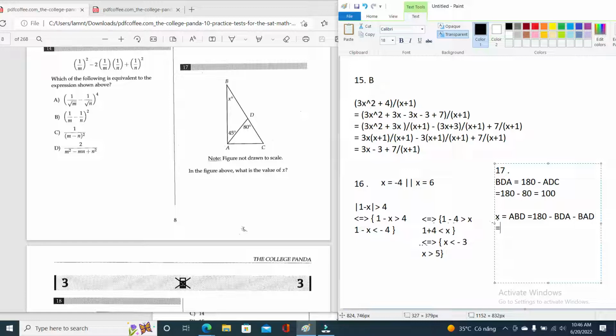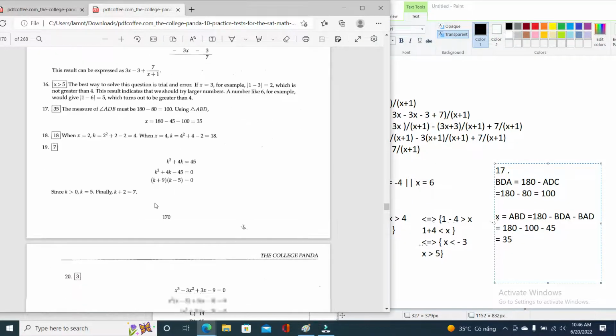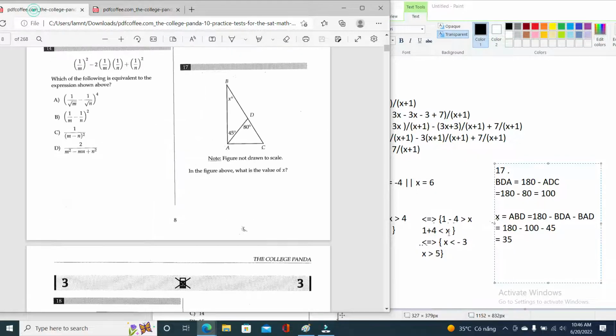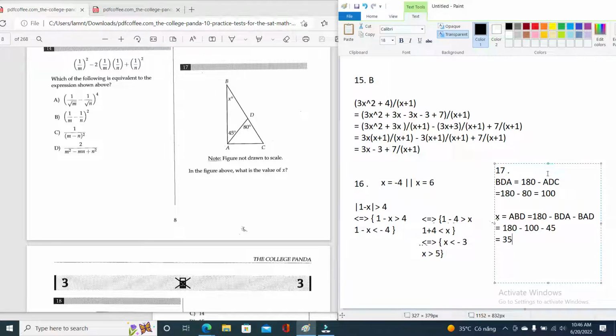So it's 180 minus 45 minus 100. So the result is 35, I guess. So 17 is 35. Alright.